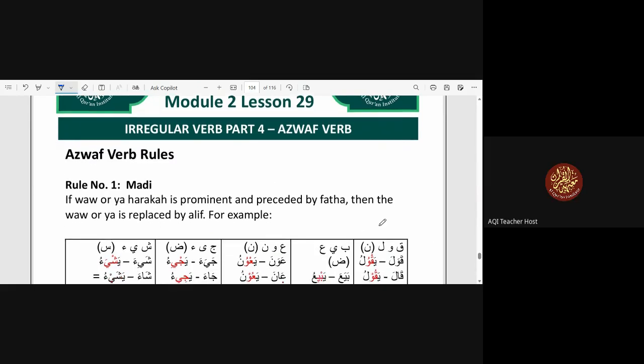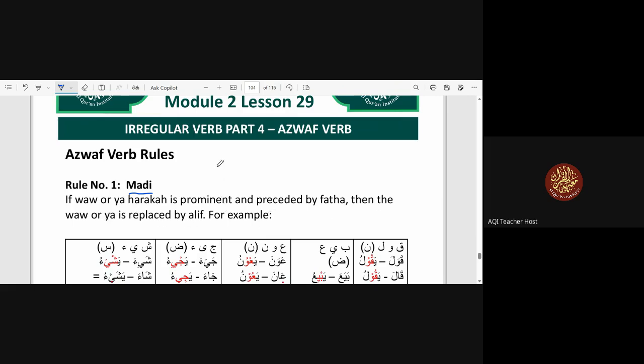So ajwaf, as we have discussed, is where waw and ya, these two defective letters, appear in the second radical. Okay, so the first rule about the ajwaf verb is for the madi verb. Rule number 1: if waw or ya with haraka is prominent and preceded by fatha, then waw or ya is replaced by alif.